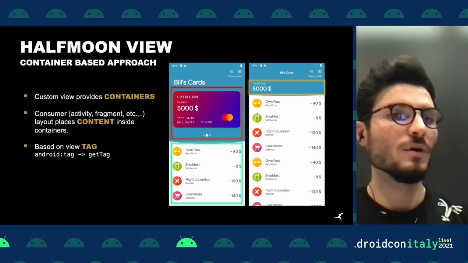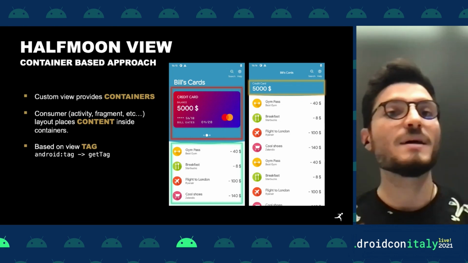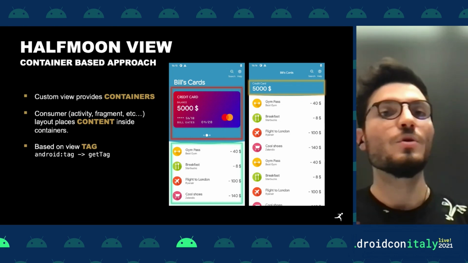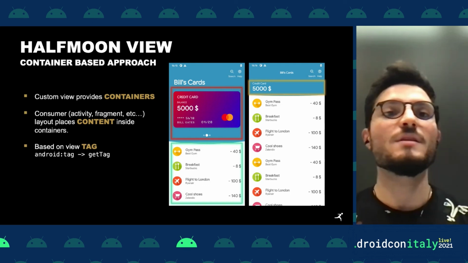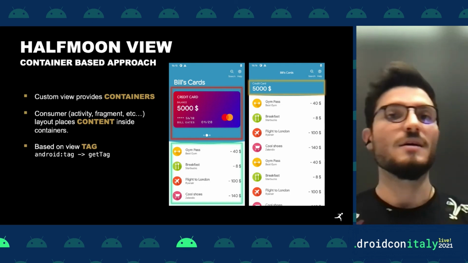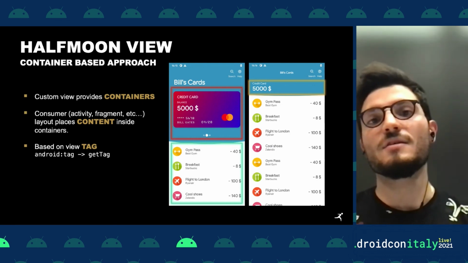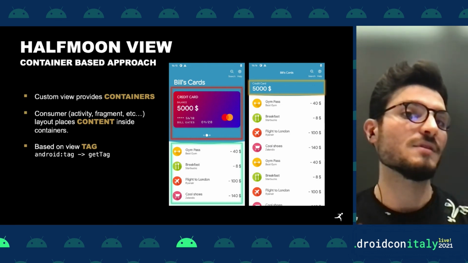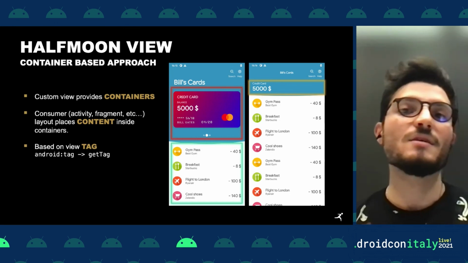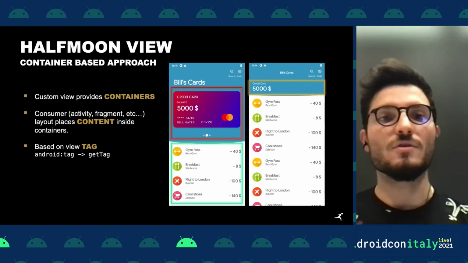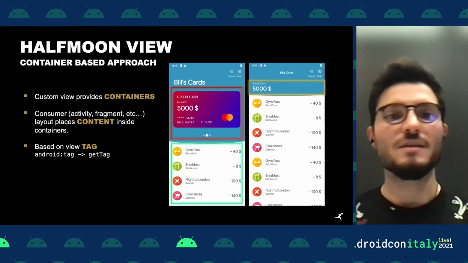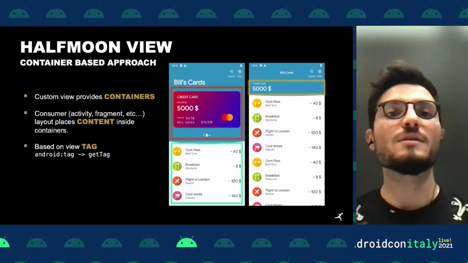The red container is the expanded container, so the view or set of views that appear when the state is expanded. The yellow container is the collapsed container, so the container that appears when the view is collapsed. And the green container is our bottom view container that is usually a list, but actually can be whatever we want.